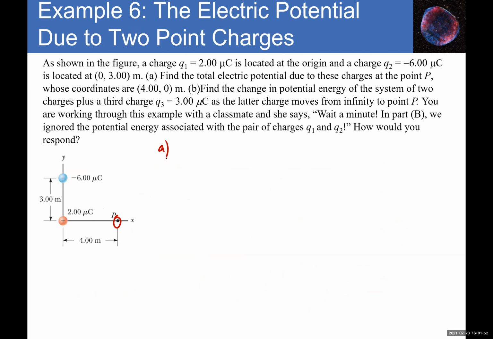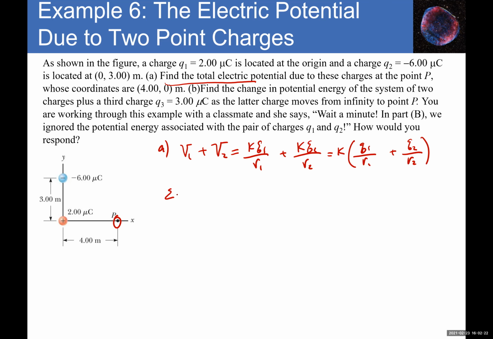So A is this. Well, it's a potential. That means I can say that at that point P, there is a potential due to 1 and potential due to 2. And I can add them together to get the total potential. V1 is kQ1 over R1. V2 is kQ2 over R2. So I can factor out k, becomes Q1 over R1 plus Q2 over R2.